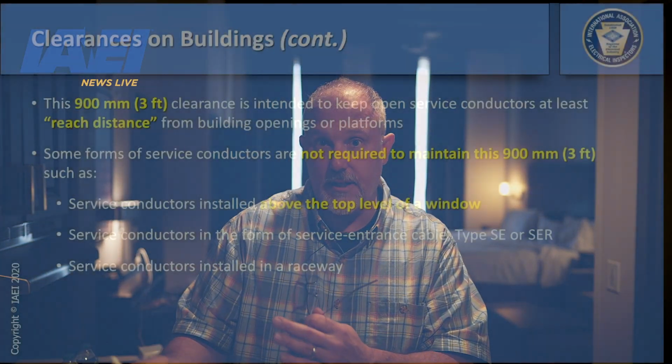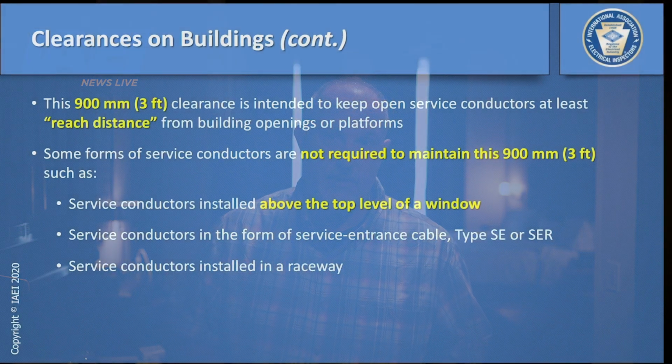Okay, so remember, ways I can eliminate shock. I can provide distance as one of them. I can put barriers around something, or I can provide distance so you can't touch it. In this case here, we're working on the distance angle.